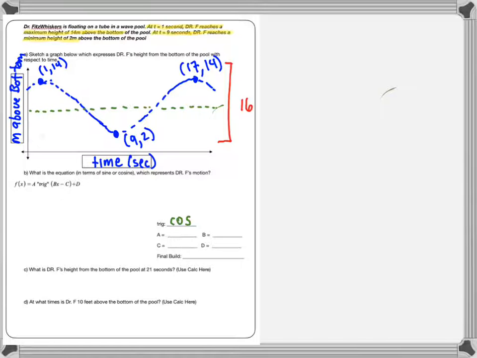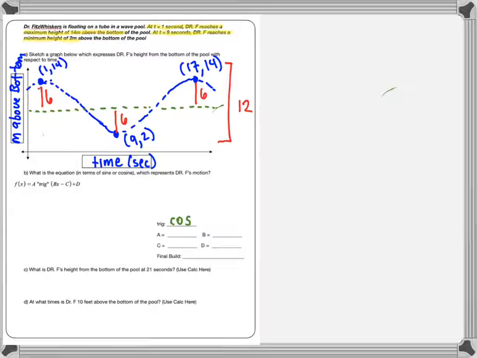Oops, I take that back, that is not 16. The distance in between them is going to be 12. So if it's 12, then it had to move 6 in this direction, 6 in this direction, 6 in this direction.